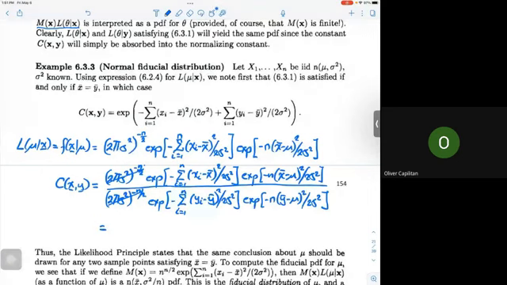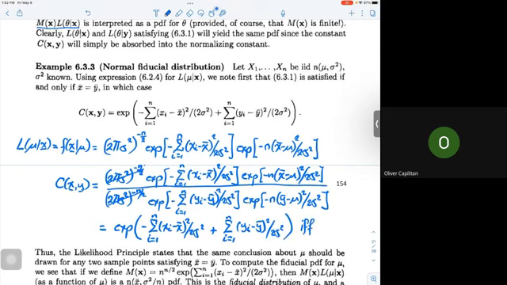In the above expression, the exponential of the negative summation of x i minus x bar quantity square over 2 sigma square, i from 1 up to n, plus the summation of y i minus y bar quantity square over 2 sigma square, i from 1 up to n, if and only if the sample mean x bar is equal to the sample mean y bar.